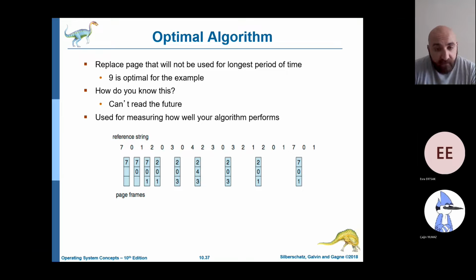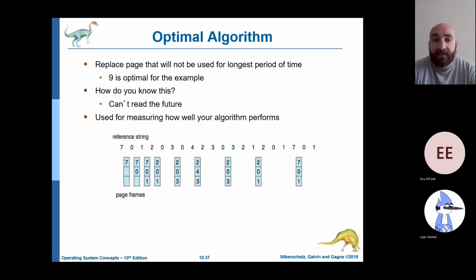One result of the discovery of Belady's anomaly was the search for an optimal page replacement algorithm, because as can be seen, the first in first out algorithm works, but it's not an optimal algorithm. So we have to find an optimal algorithm, the algorithm that has the lowest page fault rate of all algorithms and will never suffer from Belady's anomaly.